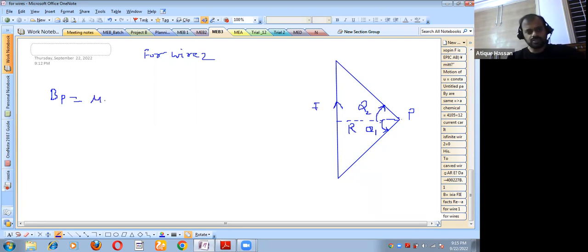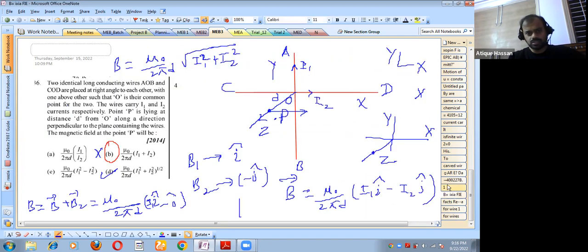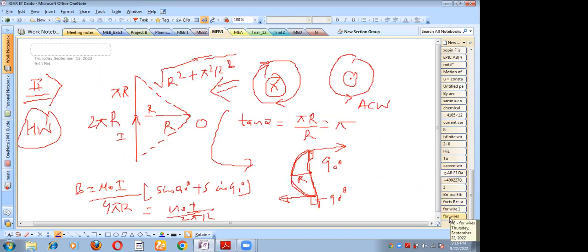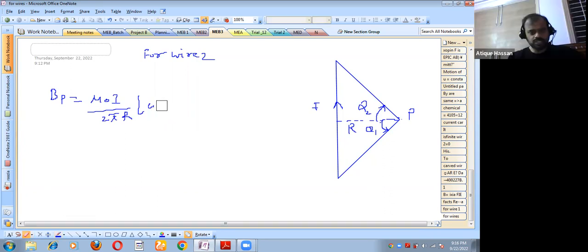Then we calculated the magnetic field as mu naught I by 2 pi r, cos theta 1. Was it cos or sine? We discussed it. I think it was sine, right? Yes, sine theta. Sorry. So sine theta 1 plus sine theta 2.